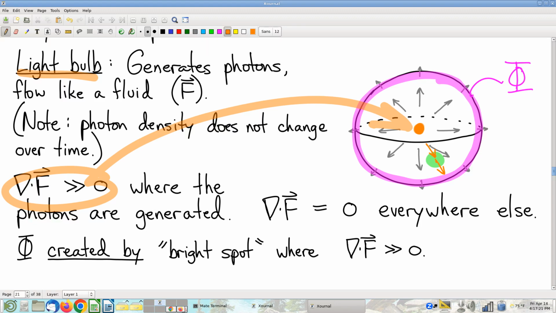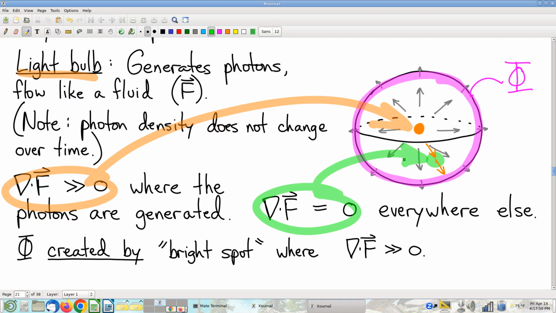So again, not really from here. They're just passing through. There are no photons coming from there, and divergence points exactly to that. This is not a source of photons, therefore divergence is 0.